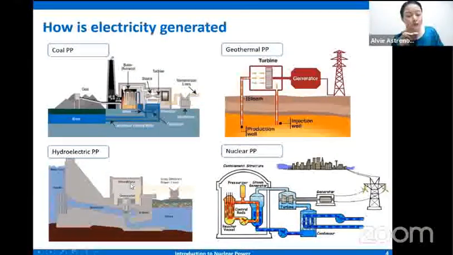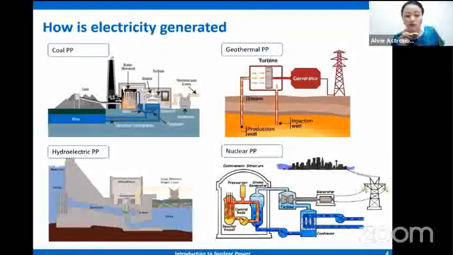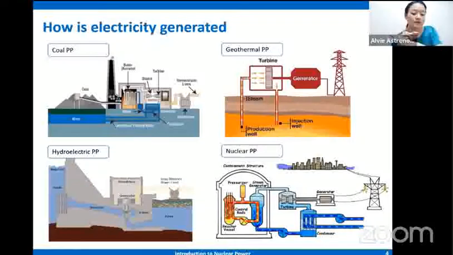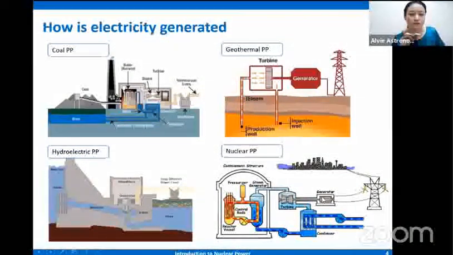For hydroelectric power, it's not a thermal power plant, therefore it does not need boiling. What we take advantage of here is the conversion of potential energy into mechanical energy, which turns the turbine here. Now, for the nuclear power plant, we also have a boiler. We have steam generation here, and then we have a turbine and a generator which converts mechanical energy into electricity.